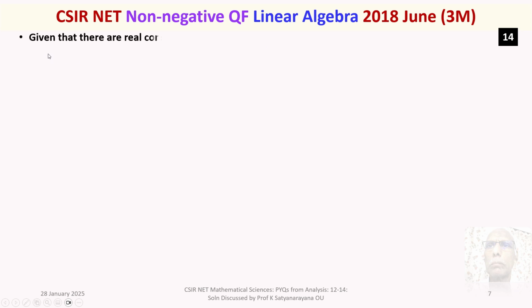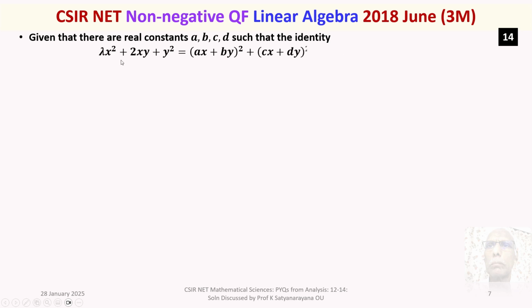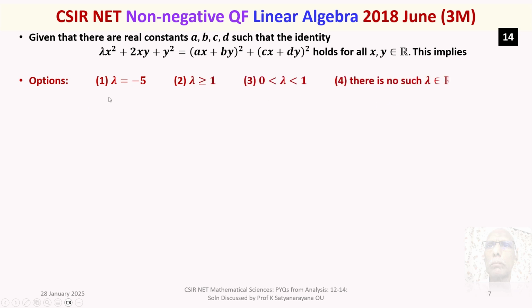The given question is: given that there are real constants a, b, c, d such that the identity lambda x square plus 2xy plus y square is equal to (ax plus by) whole square plus (cx plus dy) whole square holds for all x, y belonging to R, this implies, we are given 4 options related to lambda.